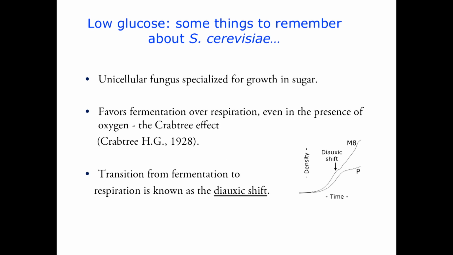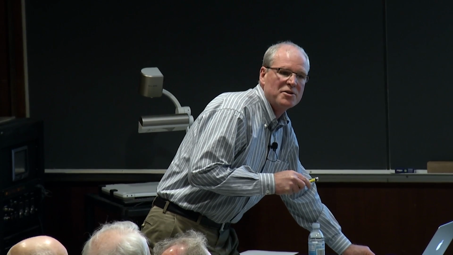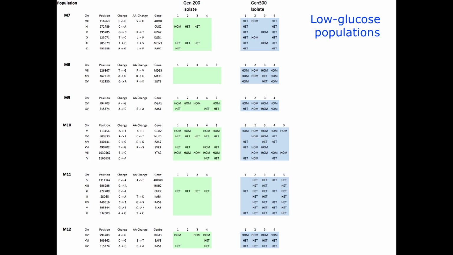So what you get is the early mid-exponential phase, and then the diauxic shift, and a long respiratory phase. This is a low glucose evolved strain. That's the progenitor. And what we find is there are mutations that affect this phase and other mutations that affect that phase. So we have to keep those in mind.